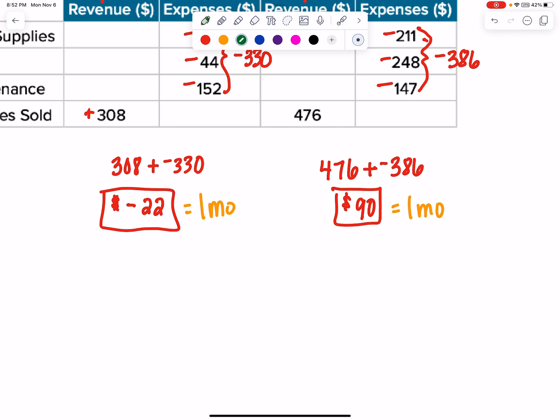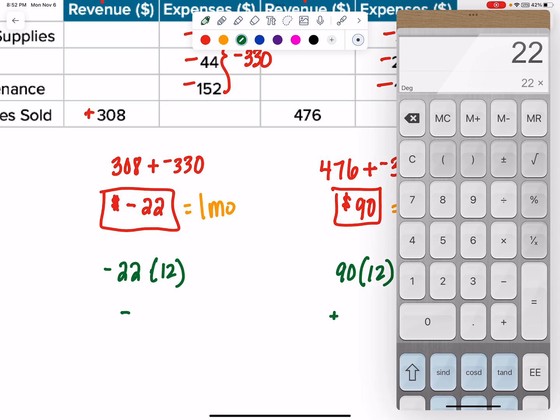So let's go ahead and take our negative 22 times 12 months, and we have our 90 times 12 months. I'm going to just do the parentheses instead. Okay, so I hate to love, which means I actually hate. I know my ending amount is going to be negative. I love to love, we're going to be positive. So let's do our 22 times 12.